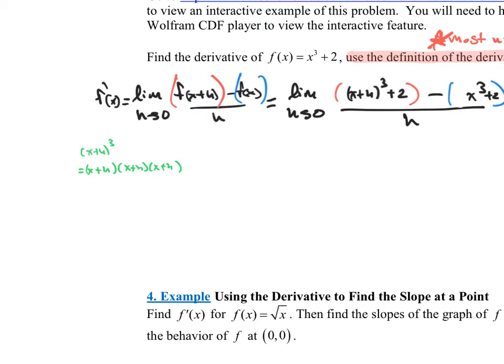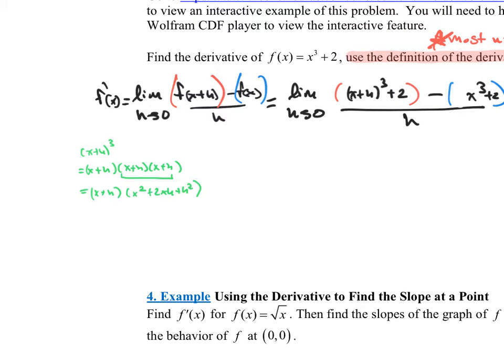X plus h 3 times. So what I'm going to do is FOIL out these two right here. This would be x plus h times, well, x times x is x squared. First, outer would be xh, inners would be xh, so that's plus 2xh. And then last, h times h is h squared.